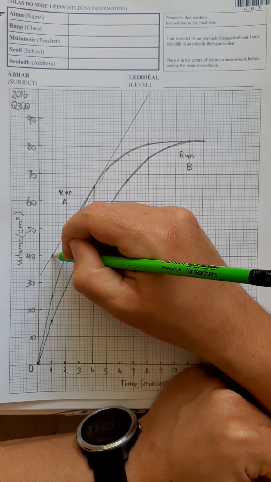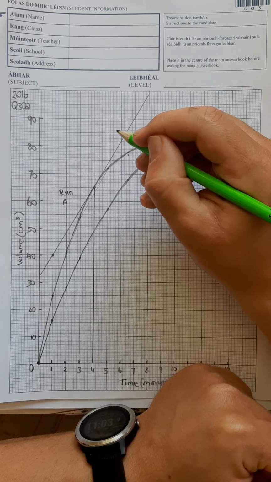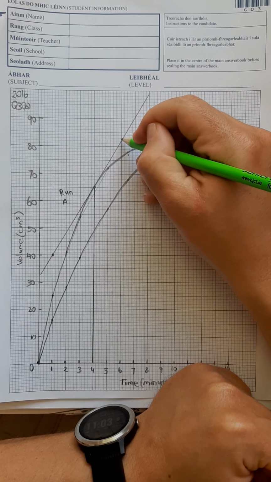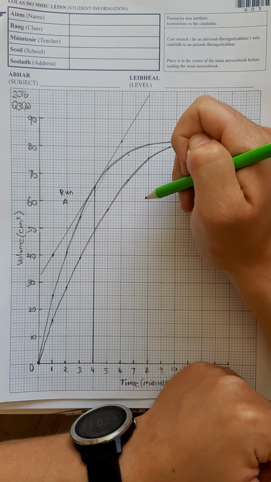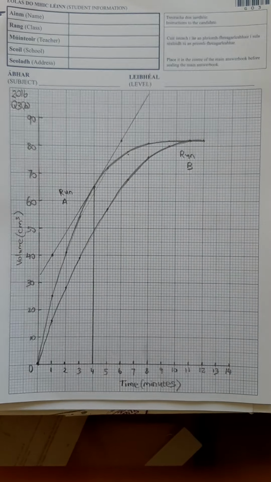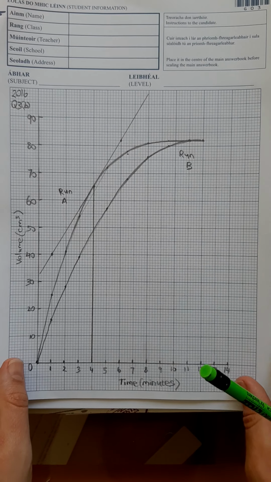I quite like the look of this point here, and another point would be this one here. Okay, so I'm just going to get some paper now. Paper's underneath.